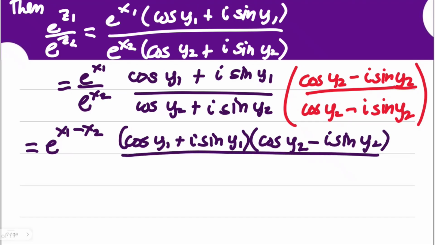Over, our denominator will be a difference of two squares, so the square of cosine y sub 2. Or, if you want a step-by-step process, allow me to write it in this manner.